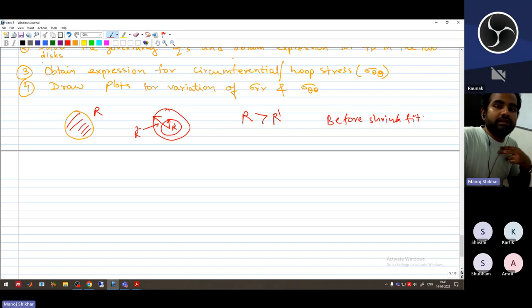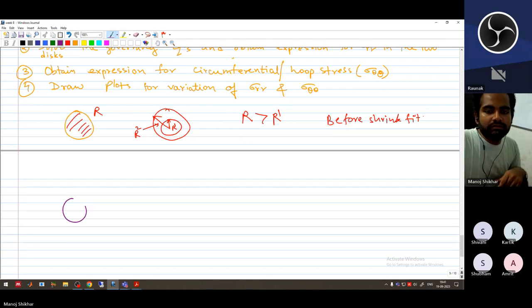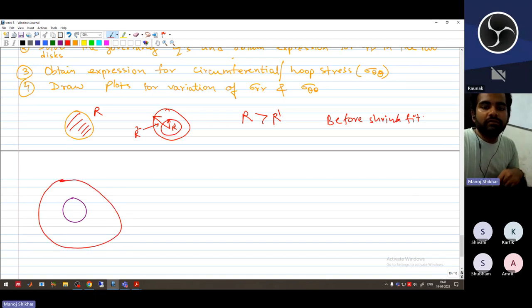We can consider it like this. Just think of it like this. The final body will look something like this, right? This is my solid disk and this is my hollow disk.